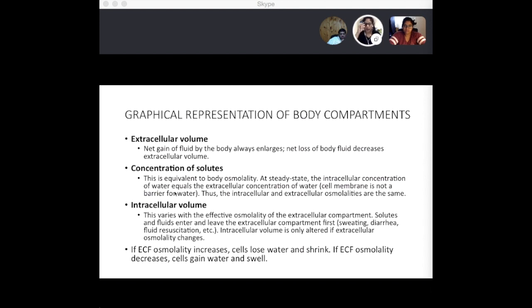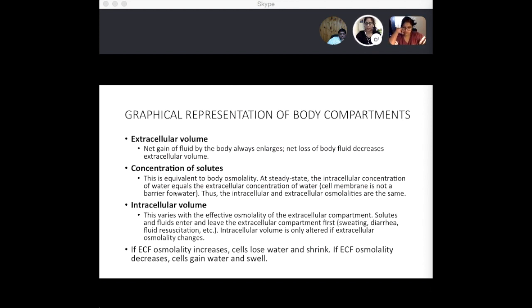And in steady state, the intracellular concentration of water equals the extracellular. So at equilibrium, intracellular is equivalent to extracellular concentration of water. And the cell membrane is not a barrier for water, because the cell membrane is a barrier for solute or sodium. So keep that in mind.